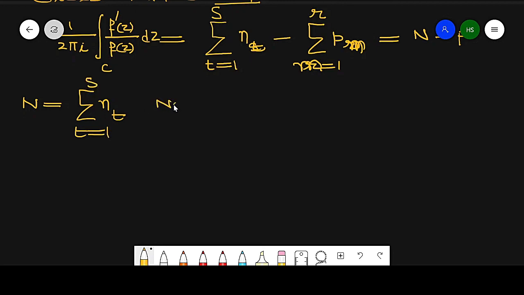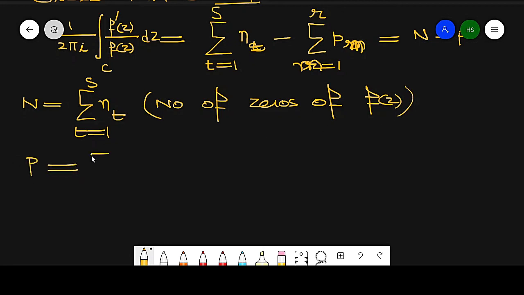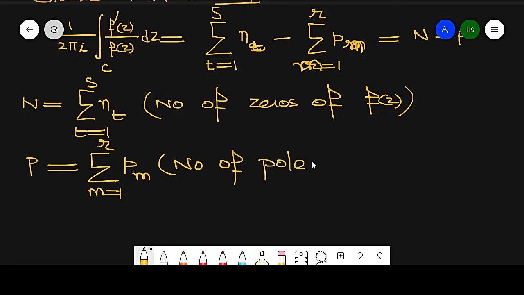Capital P is the number of poles of f(z), the summation of pm, m running from 1 to r.